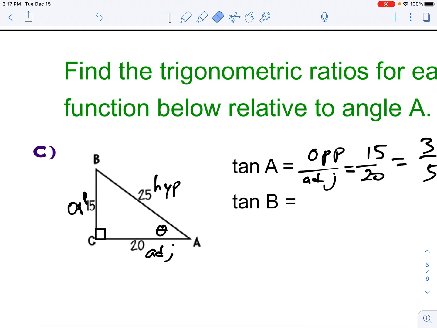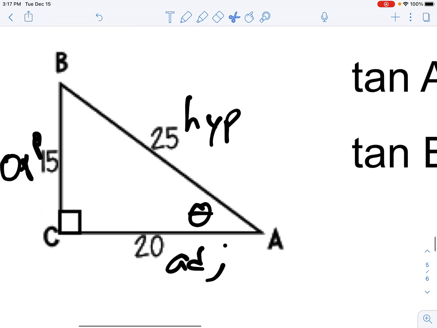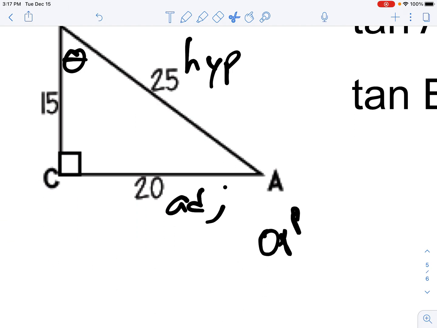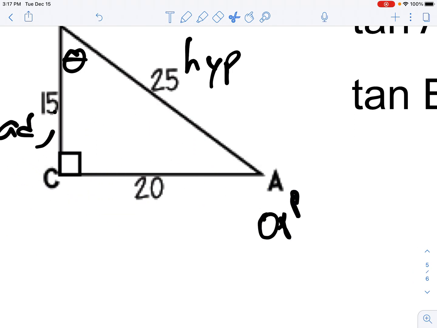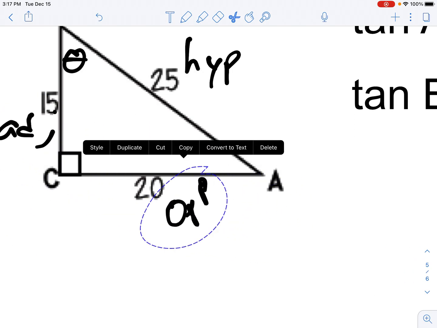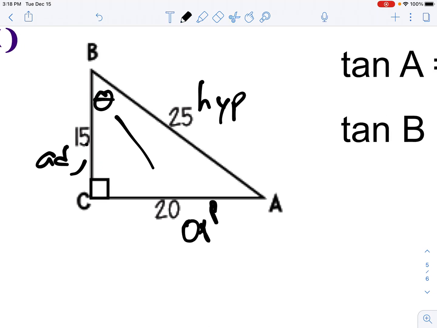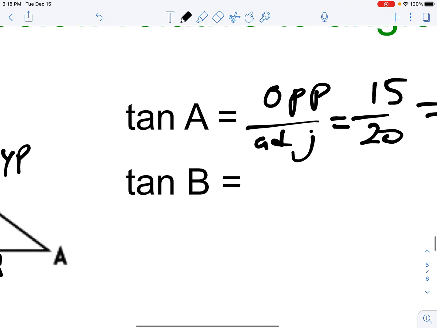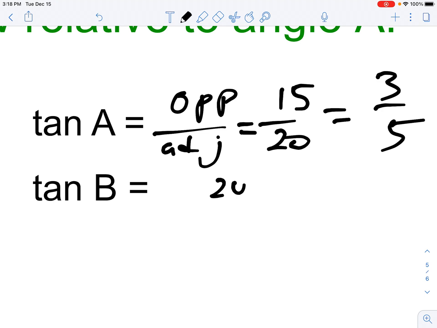Okay, and then now when we get to B, opposite is 20, adjacent is 15, which is equal to 5 over 3.